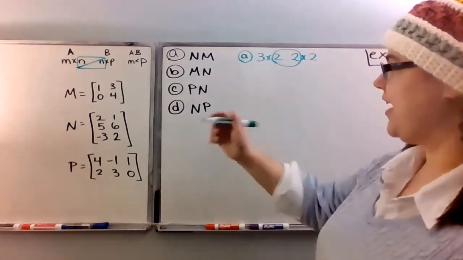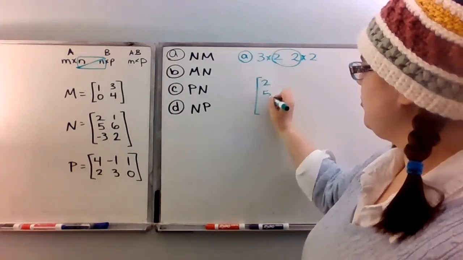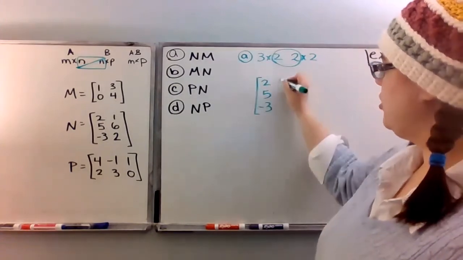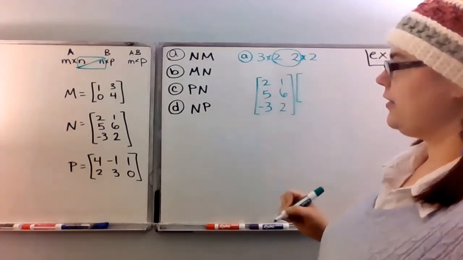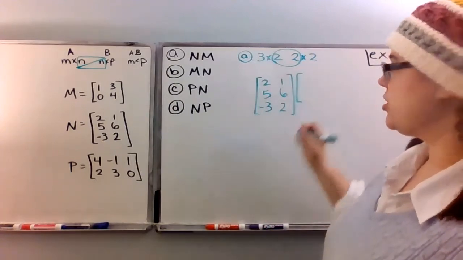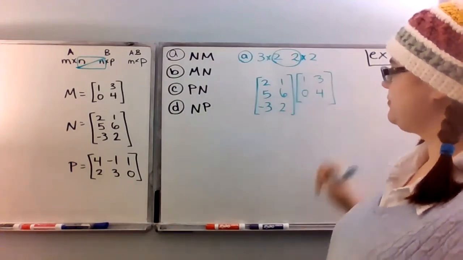So I'm going to write out N first: 2, 5, negative 3, 1, 6, 2. And then we'll write out M, which is 1, 0, 3, and 4.